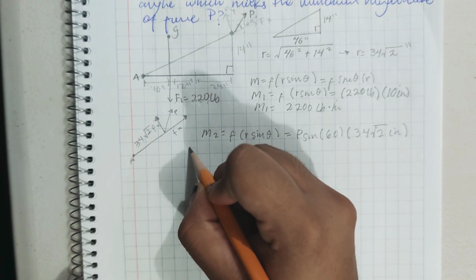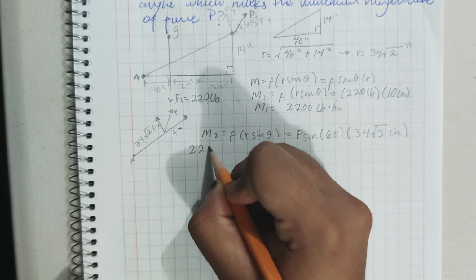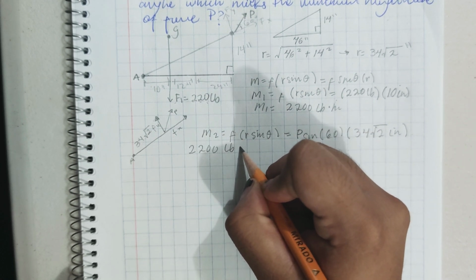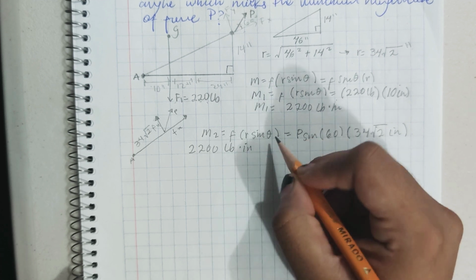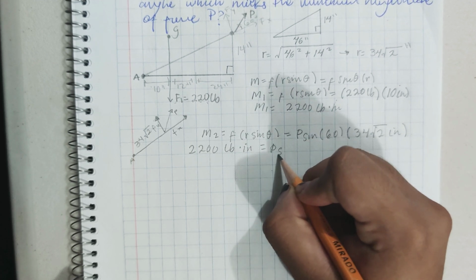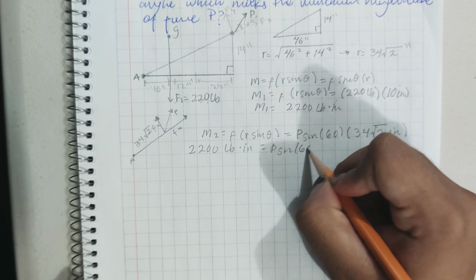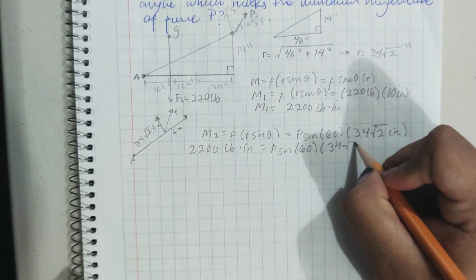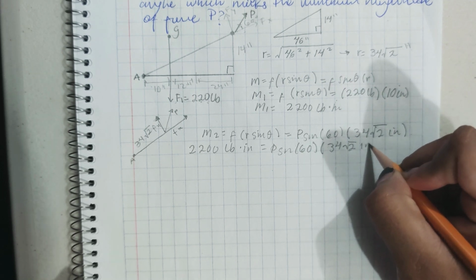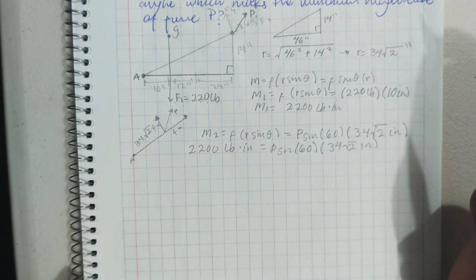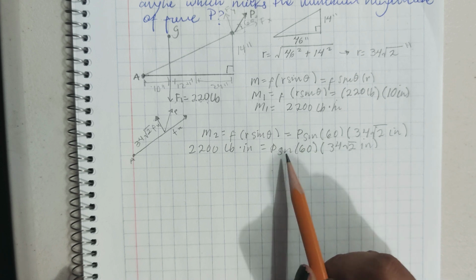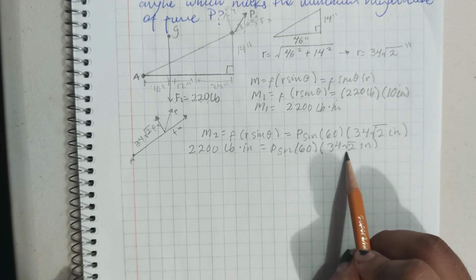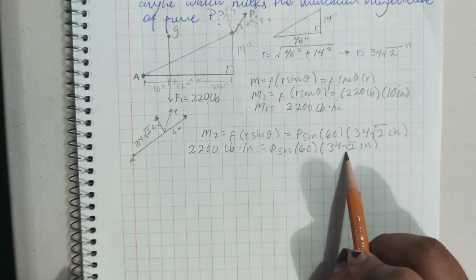We have that 2,200 pound-inches is equal to P sine of 60 degrees multiplied by 34 square root of 2 inches. That is equal to the component of the force multiplied by the distance between them.